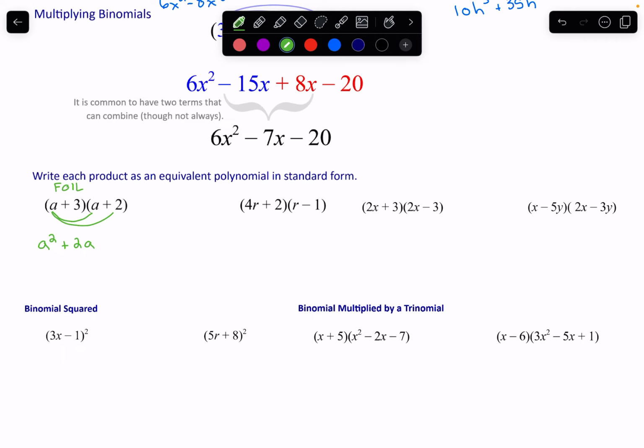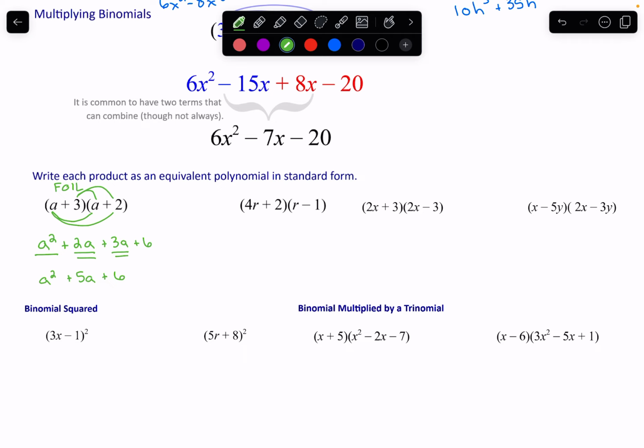Now you switch to the second number, this 3, and you times it by a, and that gives you 3a, and then you take the 3 times it by the 2, and you get 6. Now before I finish, I want my answer to be in standard form. So I start with the biggest exponent, which is a squared, and then I combine my a's together. 2a's plus 3a's is 5a's, and then I've got the plus 6 at the end.